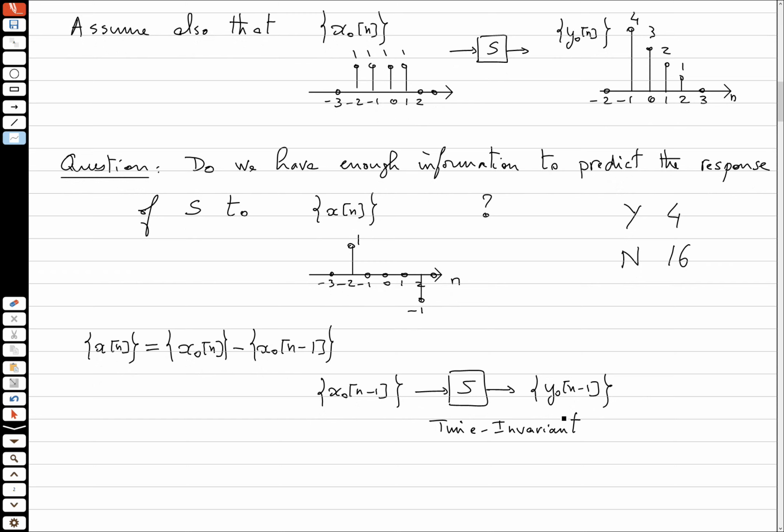next step, this is nothing but the linear combination between these two with coefficients 1 and minus 1. So what property are you going to use now? Linearity, with the single criterion of linearity.